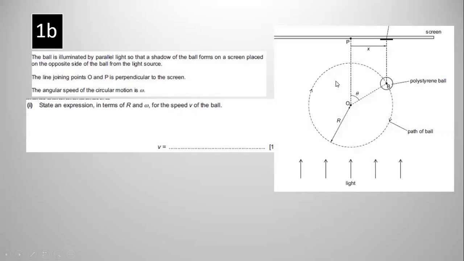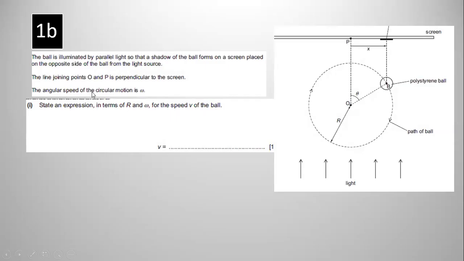The ball is illuminated by a parallel beam of light so that the shadow of the ball forms on the screen. That's the shadow, that's the beam of light. Do the experiment in the dark room. The line joining O and P is perpendicular to the screen. This is the rest position now.